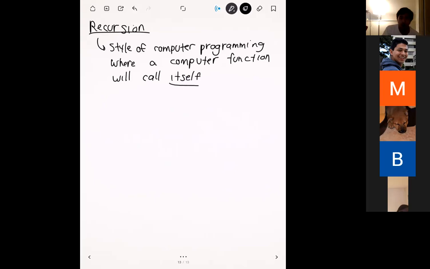And so this is very unusual for a function to call itself, right?